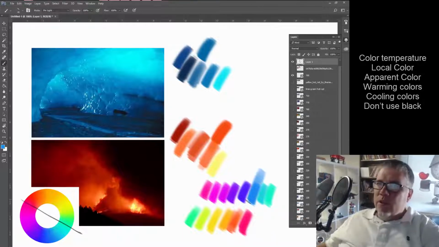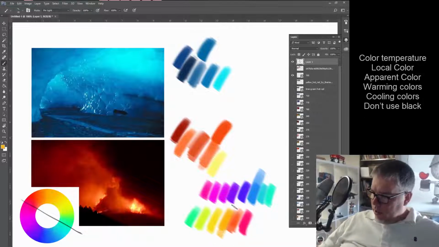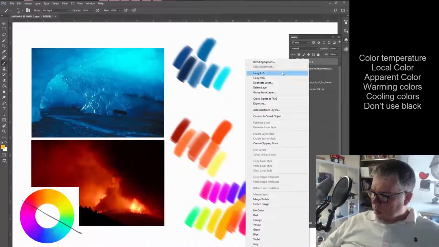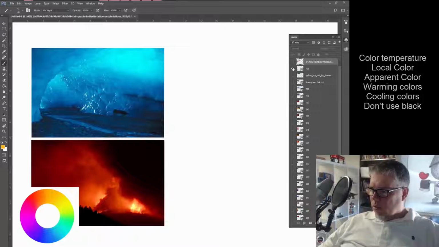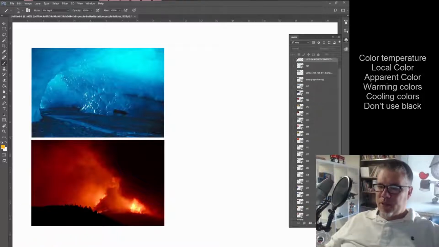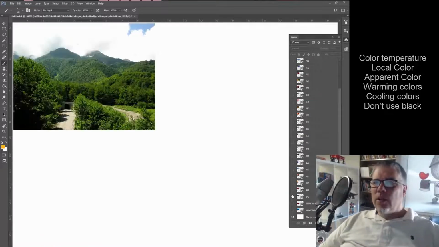Okay, so with that, let's jump in and talk about local color a little bit. So we get rid of that. And let's talk about local colors of objects, and specifically mountains. The local color is actually the color that an object actually is, right?